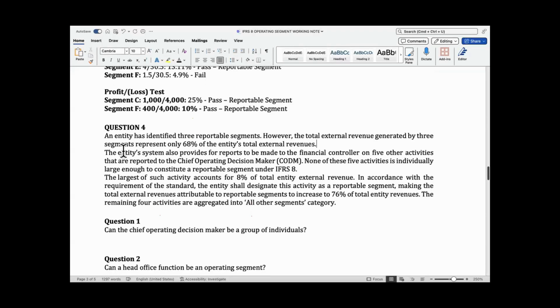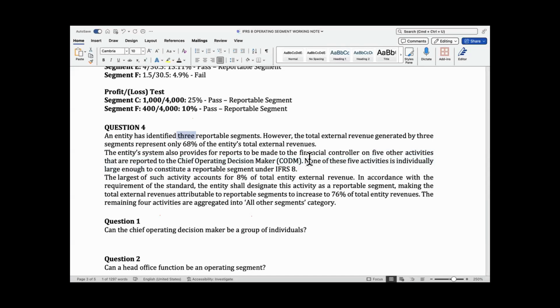So the entity system provides for reports to be made to the CODM on 5 other activities. That means, yes, we have identified 3 as reportable, but they have 5 operating segments. So meaning that they still have two that they can look out for.